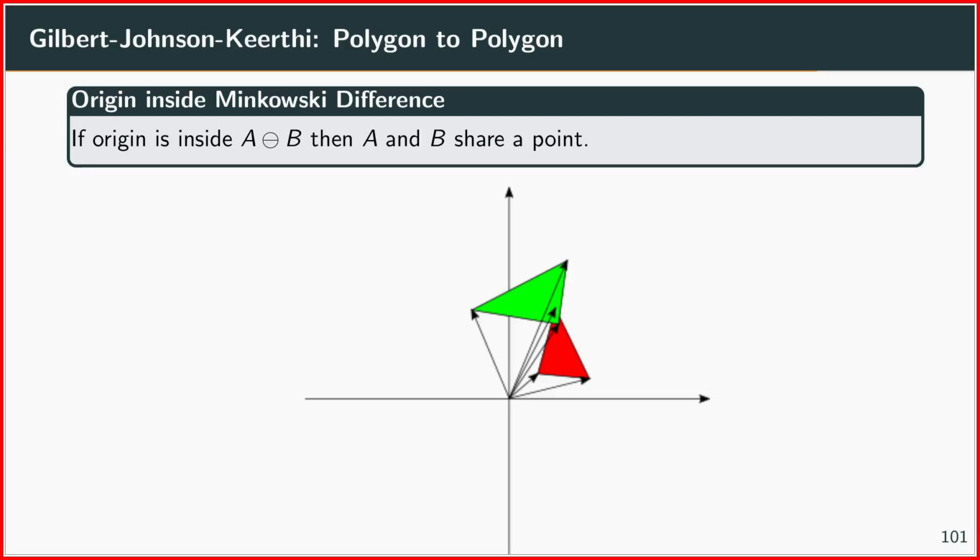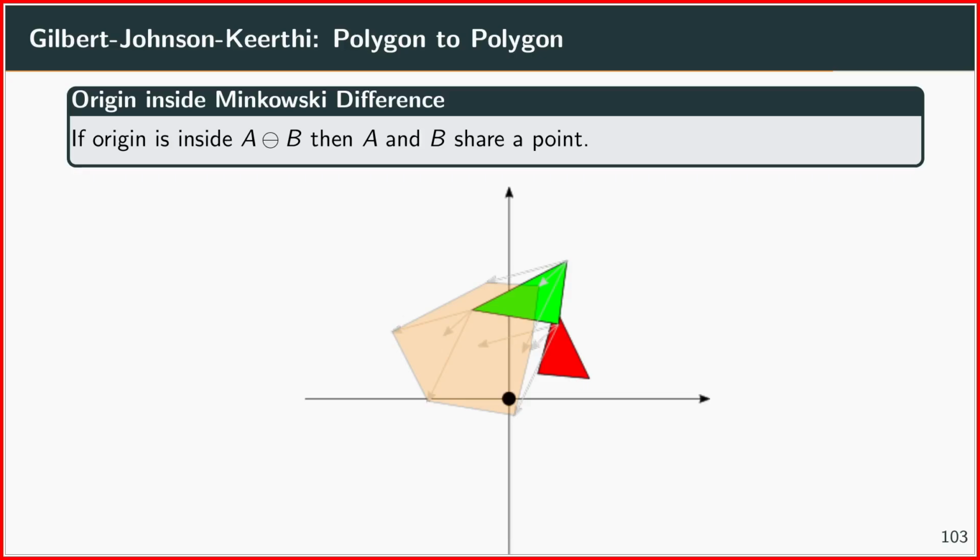And consequently, A and B share a point. So if they overlap and we draw the Minkowski difference, then you can see here that the origin is inside. And this is only true if they're actually overlapping. That is basically the whole idea of this reduction from polygon to polygon towards point to polygon.